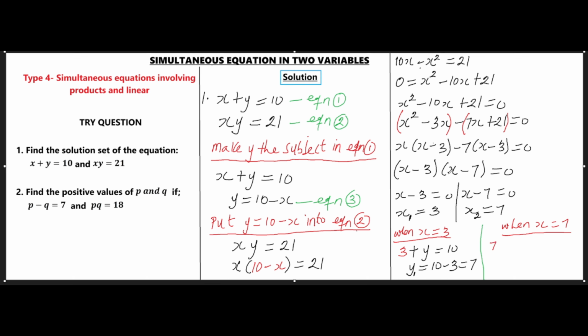Then we have 7 plus y equal to 10. So making y the subject, we have y is equal to 10 minus 7. And this will also give us 3. So this is the second value of y.